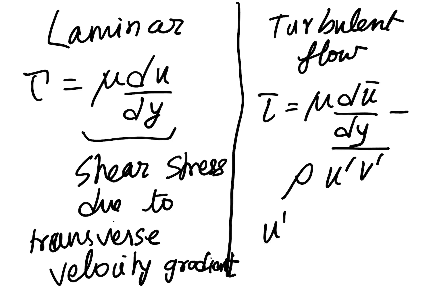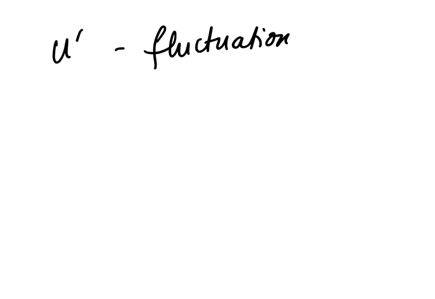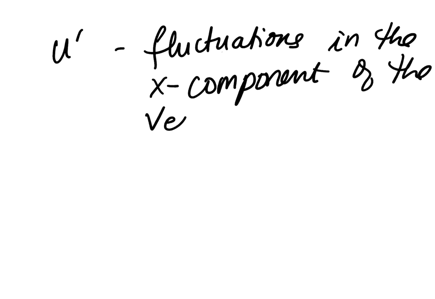This term here, u dash v dash, the average: u dash is the fluctuations in the x component of the velocity.